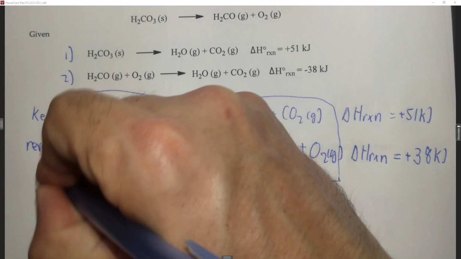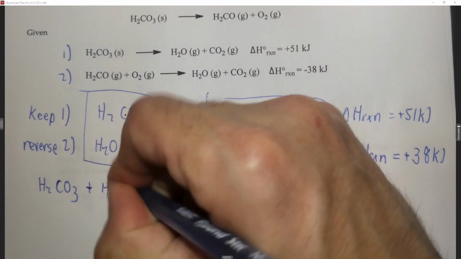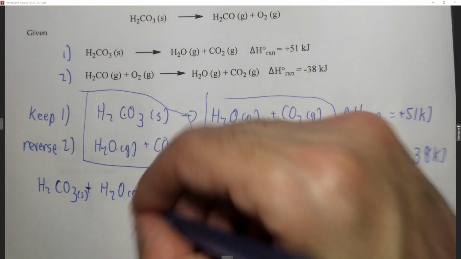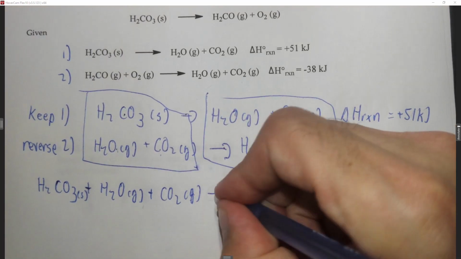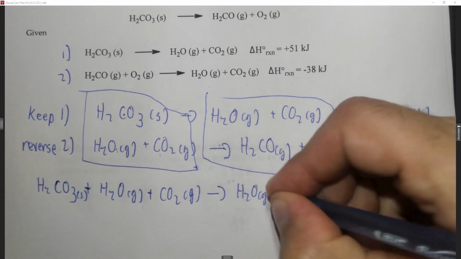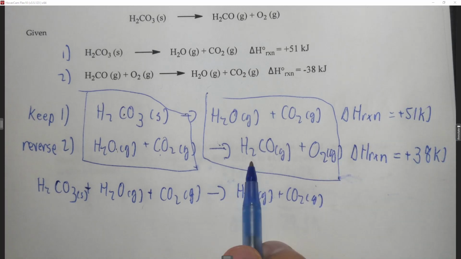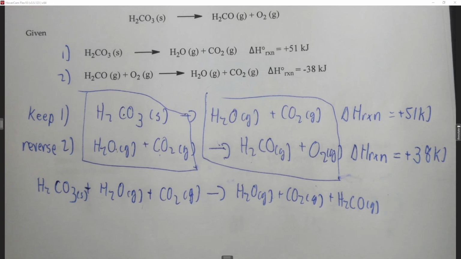So H2CO3 solid, plus H2O gas, plus CO2 gas yields H2O gas plus CO2 gas plus H2CO gas plus O2 gas.